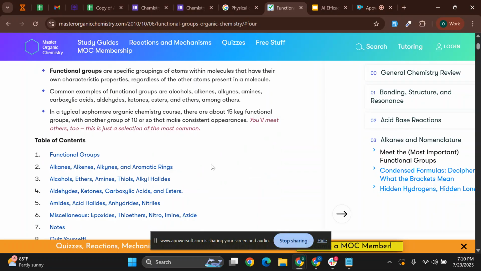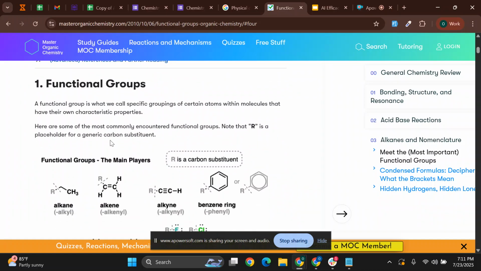In a typical sophomore organic chemistry course, there are about 15 key functional groups with another group of 10 or so that make consistent appearances. You will meet others too. This is just a selection of the most common.